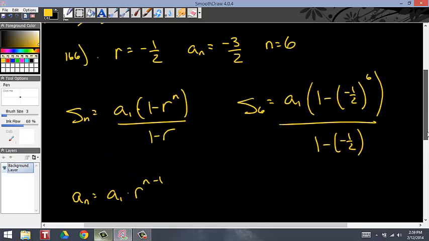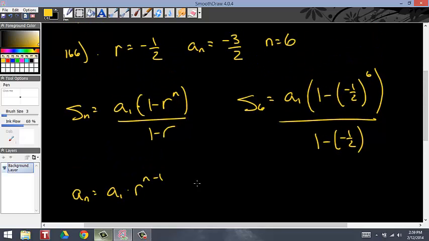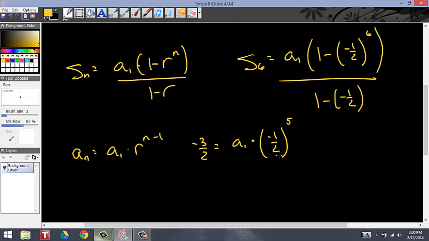So now I need to use that with this information. So that's negative 3 over 2 equals A sub 1, that's what we're trying to solve for, times r to the n minus 1. That's 5. Okay? So now what's negative 1 half to the 5th power? That's negative 1 over 32 times A sub 1 equals negative 3 over 2.